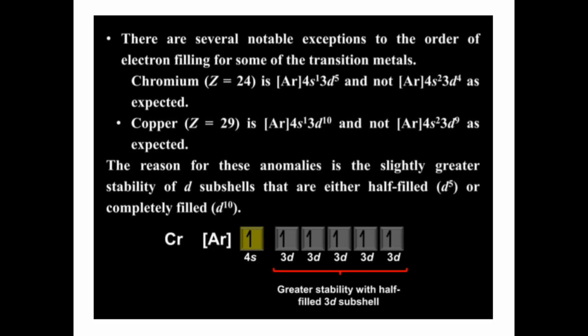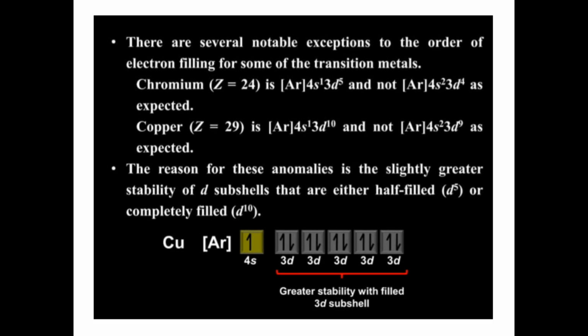That means the d orbital. So that's why we are putting chromium as 4s1 3d5, ensuring that the 3d is half filled. In the case of copper, that's why we are having 4s1 3d10, making sure the d orbital is completely filled, because the d orbitals have slightly greater stability, and are usually half filled or completely filled.